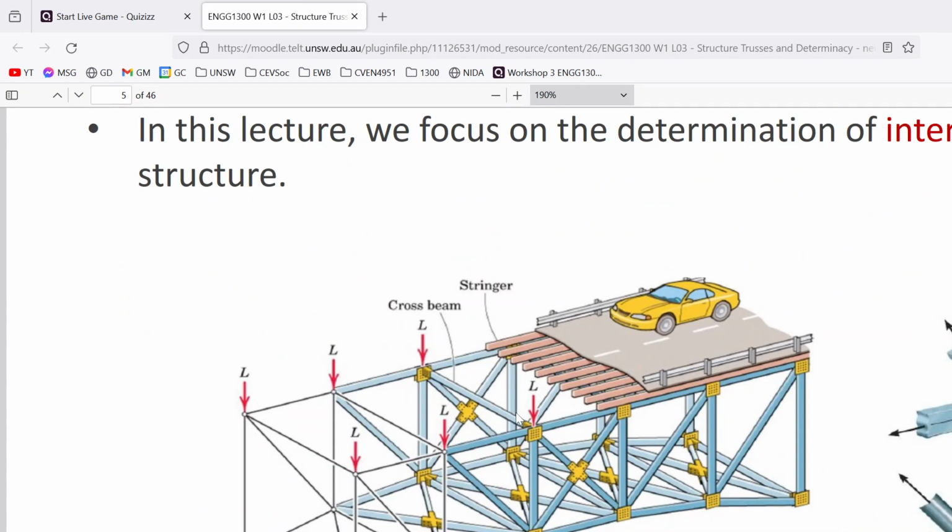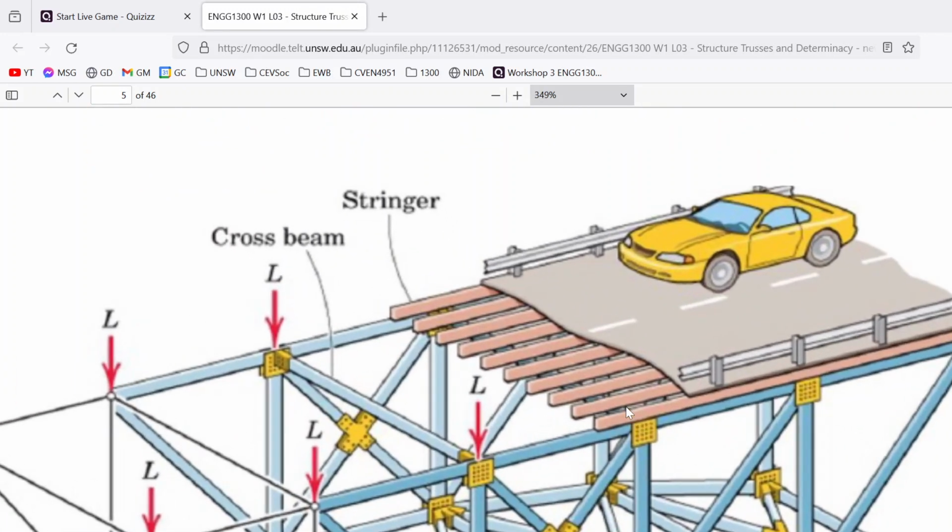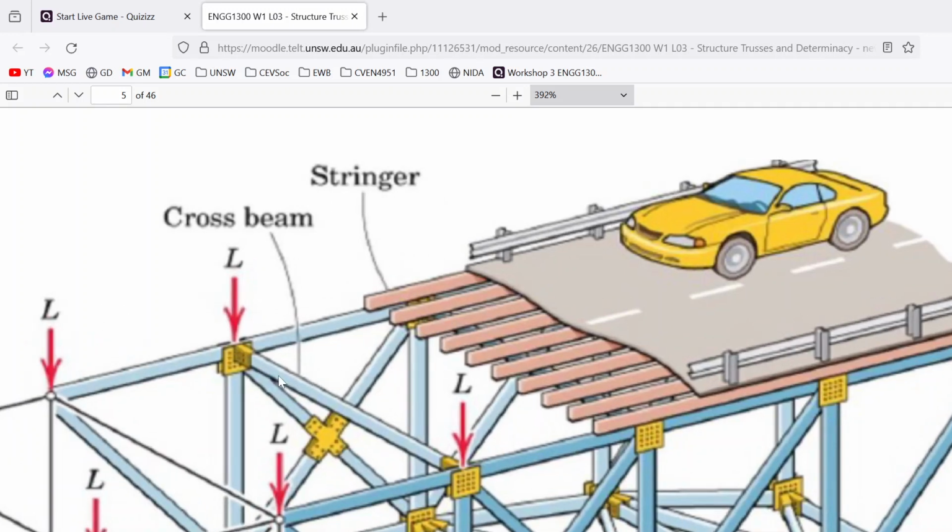So here we have a bridge, right? And it has this truss. It's like a truss bridge, I guess. And the loading acts top down. So you have your cars and vehicles and stuff acting on the road. The road's weight can only be transferred to the sides of the road, right? And then it can be transferred to these, what do you call it, cross beams.